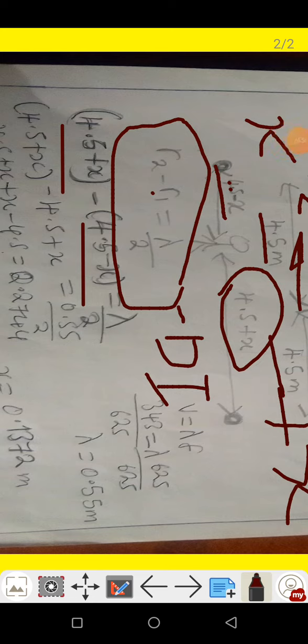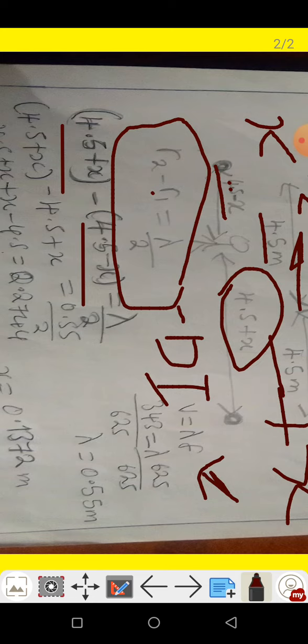This lambda represents the wavelength, so now we need to find the wavelength. The formula is v, representing velocity, is equal to lambda multiplied by the frequency. If the speed is not given, we usually consider the speed 343 meters per second, which is the speed of sound in air at 20 degrees Celsius.